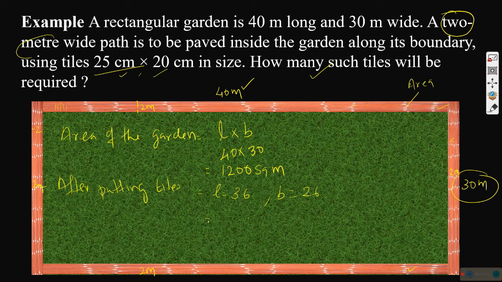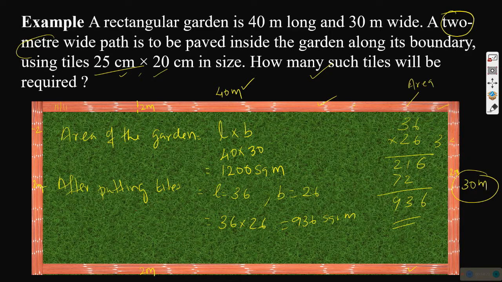So the area is equal to 36 into 26. ये हमें मल्टीप्लाई कर रहे हैं 36 and 26. 6 6s are 36, 3 6s are 18 plus 3 is 21. This is 2 times 36 is equal to 72. 936 square meter. That is the area after tiling.